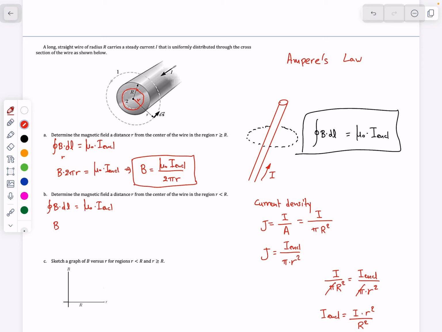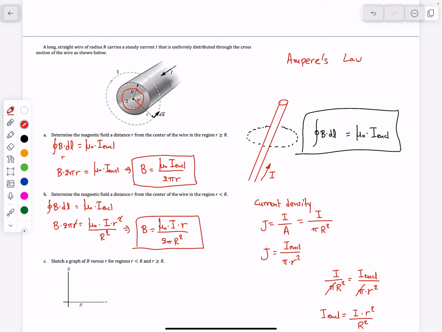So the magnetic field multiplied by the length of the small loop, 2 pi r, is equal to mu 0 times I times r squared divided by capital R squared. One r cancels with one r, and we get that the magnetic field is mu 0 times current times r divided by 2 pi R squared.